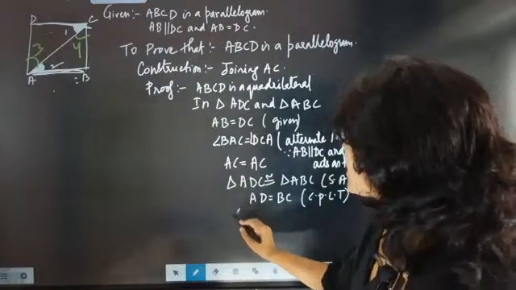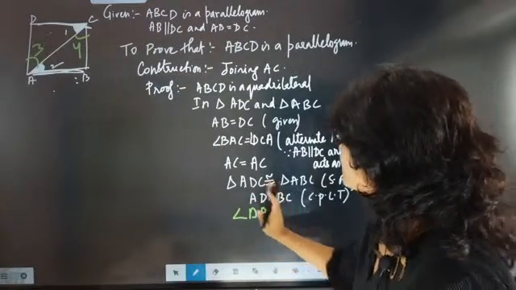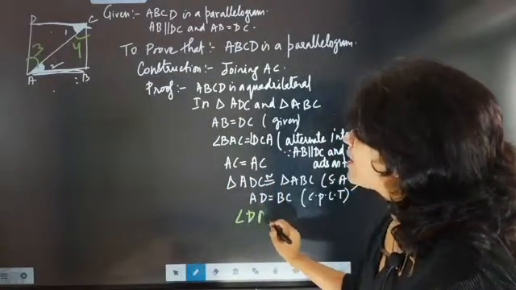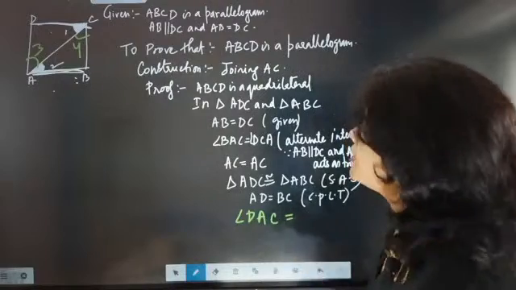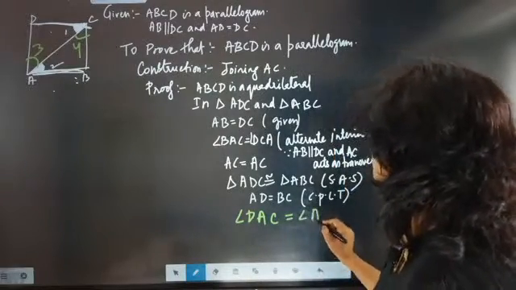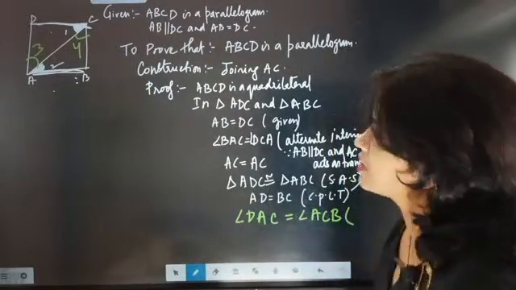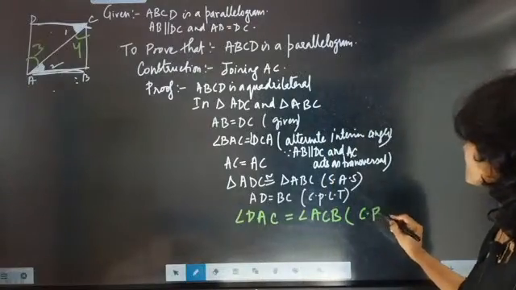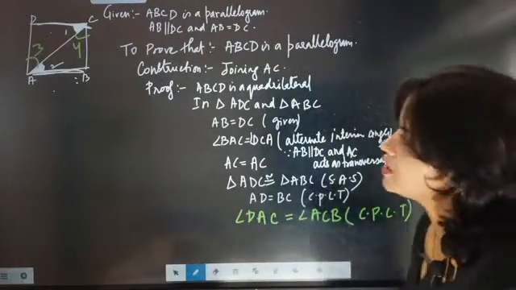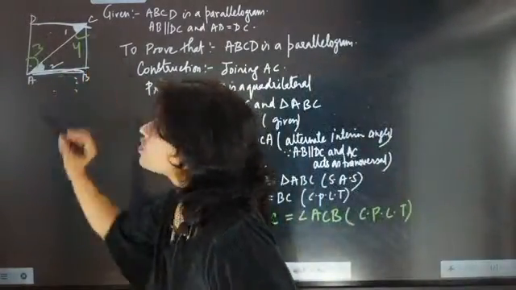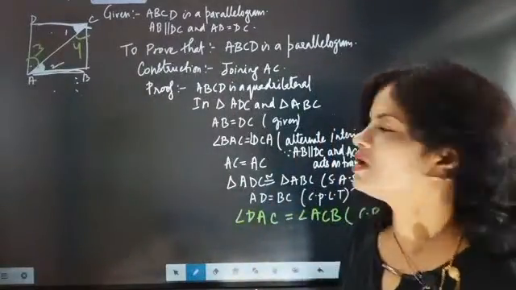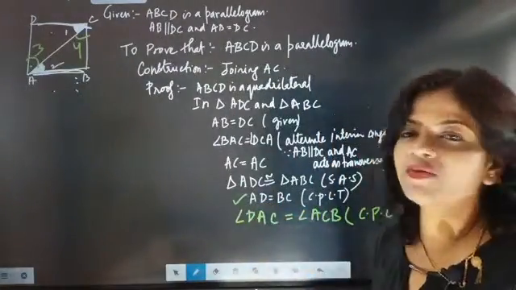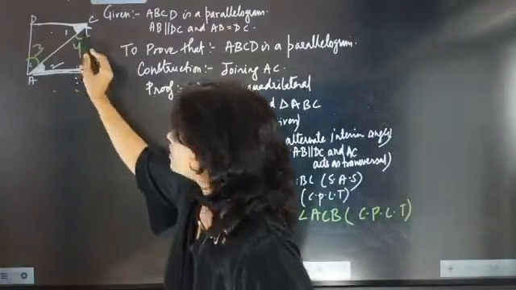That means angle DAC equal to angle ACB by CPCT. Since AD equal to BC we have proved, now this angle is also equal to this angle.